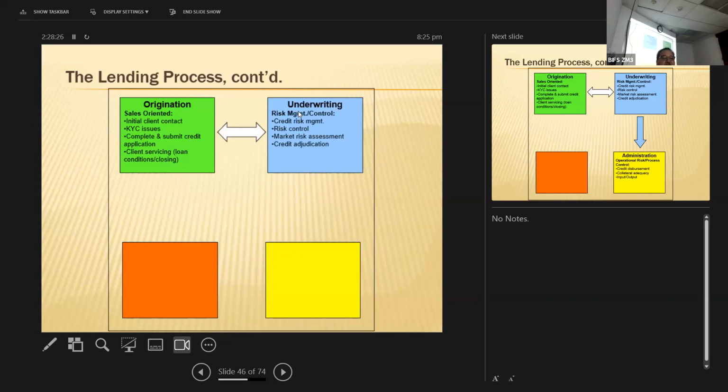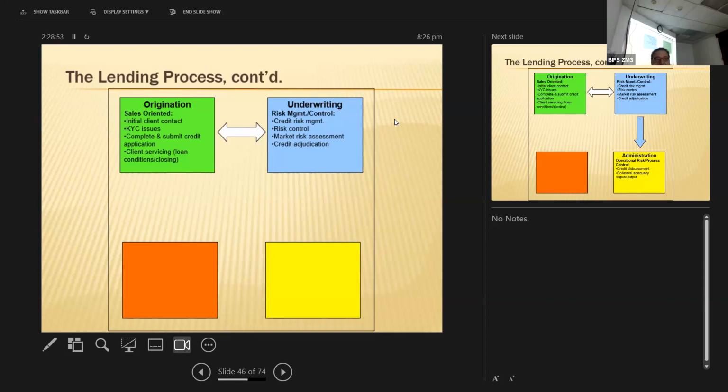Next, you look at credit underwriting, and you see this arrow is a two-way arrow, because sometimes credit underwriting may need clarification, and so they may go back to the origination station, to the originators, and say, hey, I don't fully understand this, or I need some additional information. So it's a two-way thing, and the branch would then provide it to them.